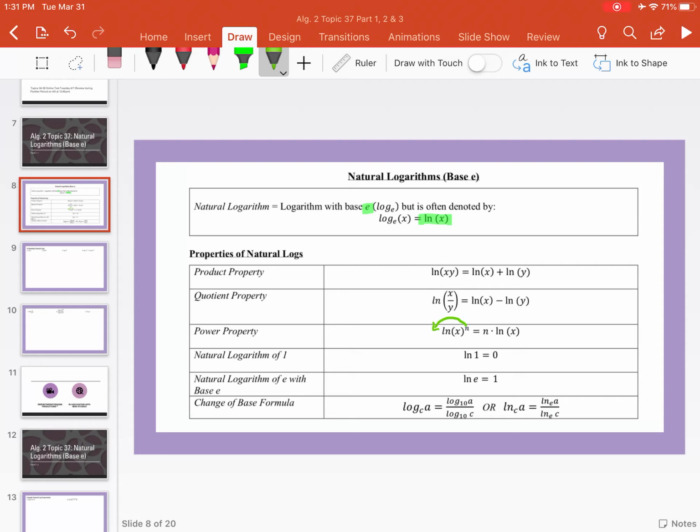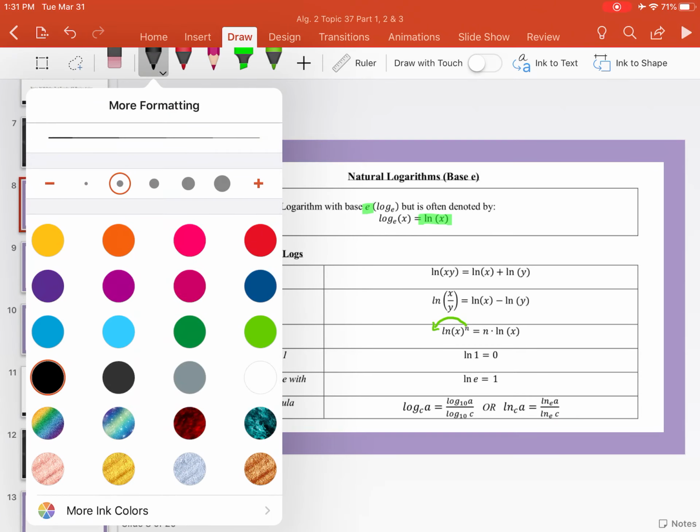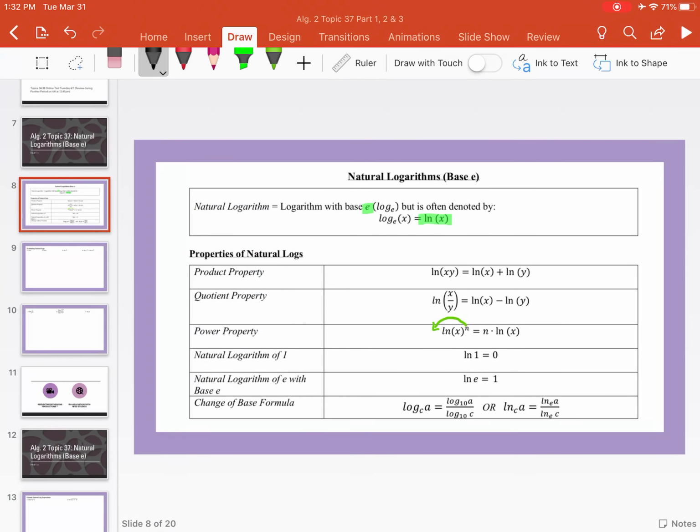We also have the natural logarithm of 1, which is basically saying, because we can rewrite every natural log as ln base e, although it's usually omitted, e to what power gives us 1? Well, we know that any number to the 0th power gives us 1, hence why this will equal 0.